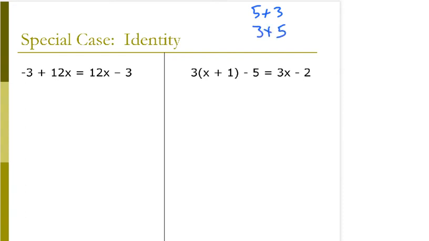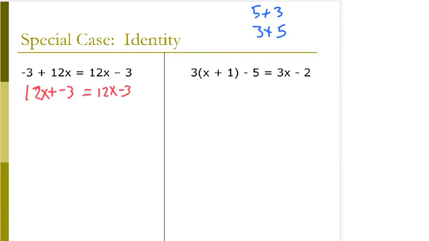So this may be rewritten as negative 3 plus 12x equals 12x minus 3. Remember, we have a double sign here. The double sign means the same thing in this case as subtraction.